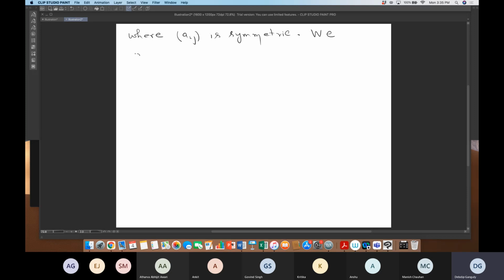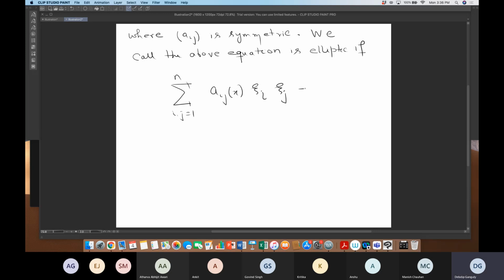Okay, we call the above equation, that means the previous equation, elliptic if this happens: the sum over i, j from 1 to n of a_ij ξ_i ξ_j is not equal to 0 for all vectors ξ = (ξ1, ξ2, ..., ξn), for all ξ.